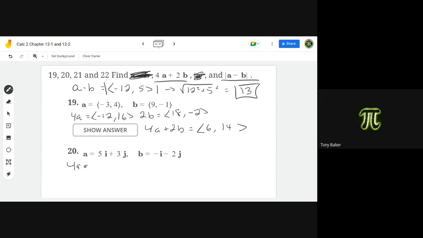So 4a is 20i plus 12j. 2b is negative 2i minus 4j. So 4a plus 2b is 18i plus 8j.